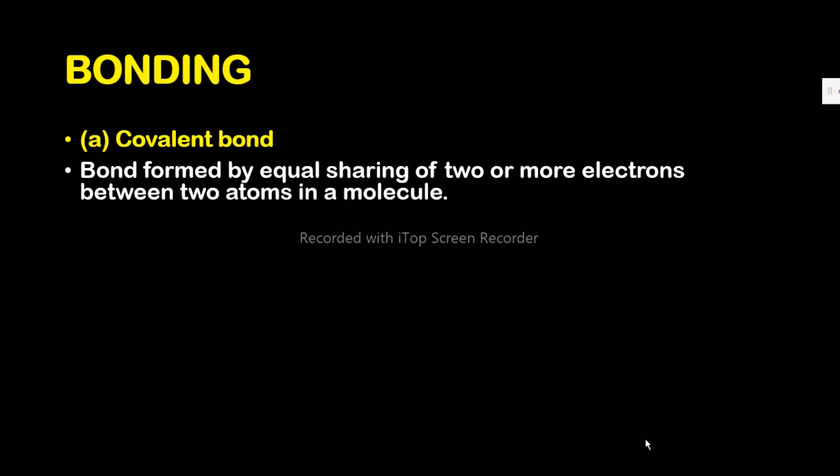I will not use hard language. It is a bond formed by equal sharing of two or more electrons between two atoms in a molecule. And why do they share? They are aiming at forming that octet structure.